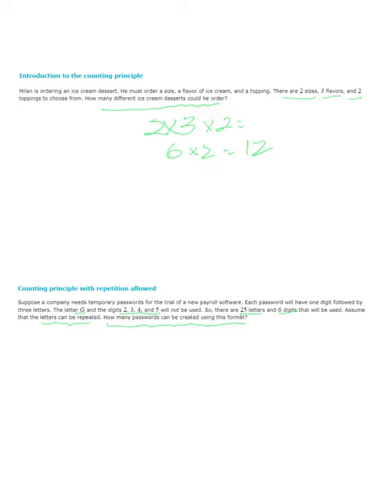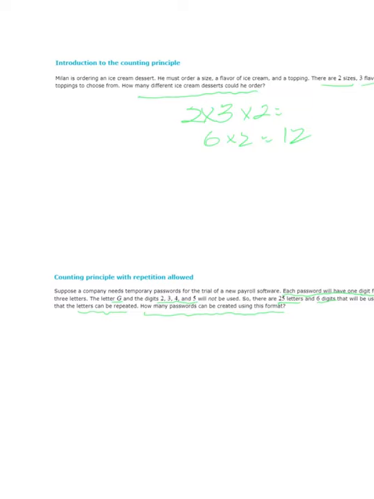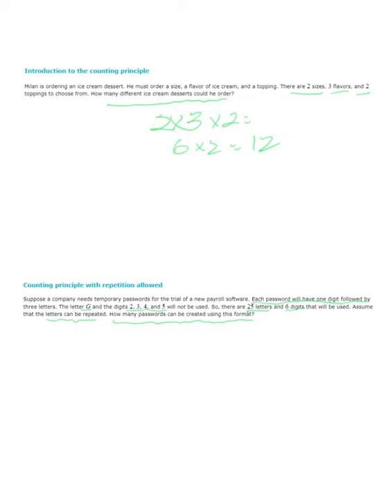It tells you each password is going to have 1 digit followed by 3 letters. So you're going to have a digit, and then a letter, and a letter, and a letter.